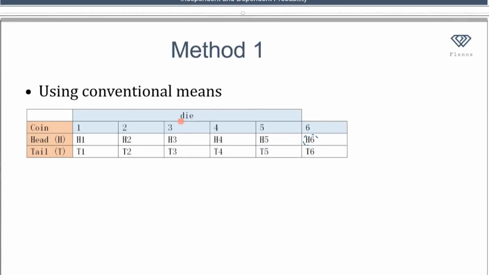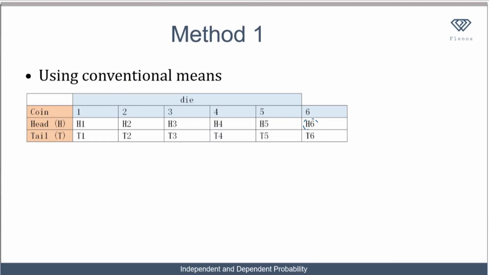So using the first approach, we just write out our possible results. For the coin, I can either have head or tail showing up, and for my die, I can have values from 1 to 6 showing up. So these are the possible outcomes. Head and 1 can show up, head and 2 can show up, up to head and 6. For the tail, tail and 1 can show up, tail and 2, tail and 3, up to tail and 6.